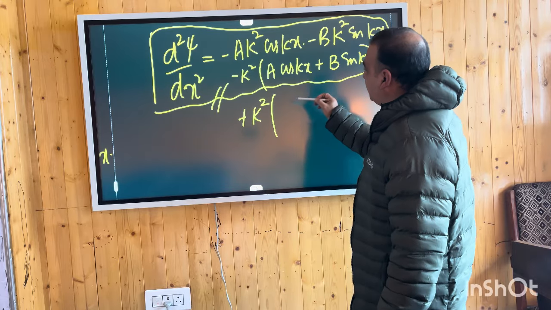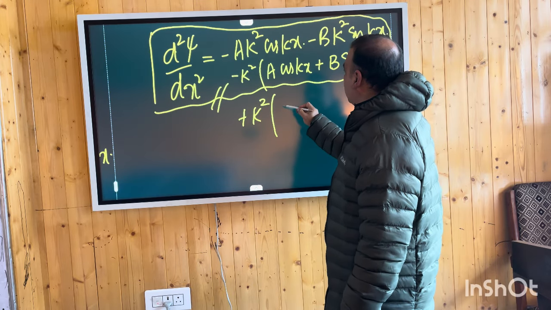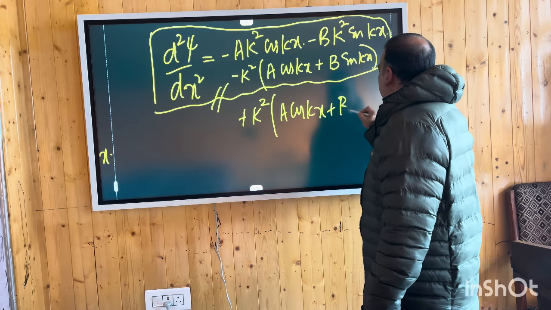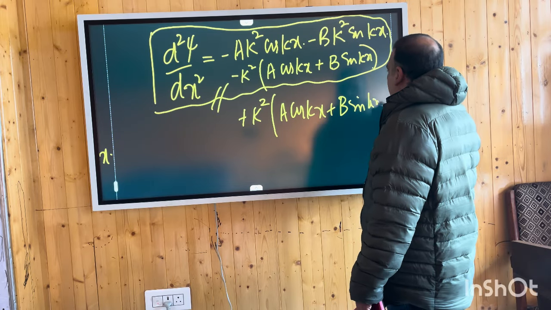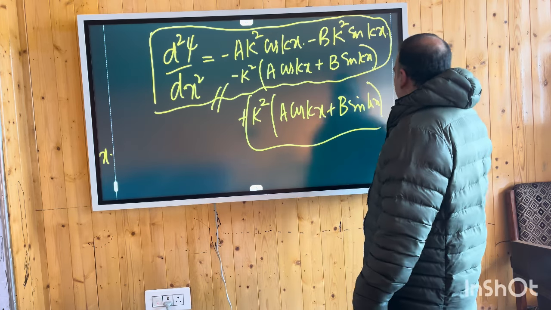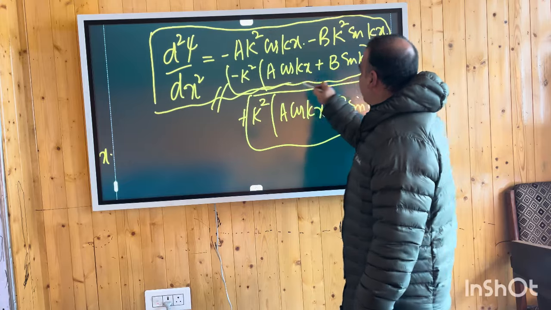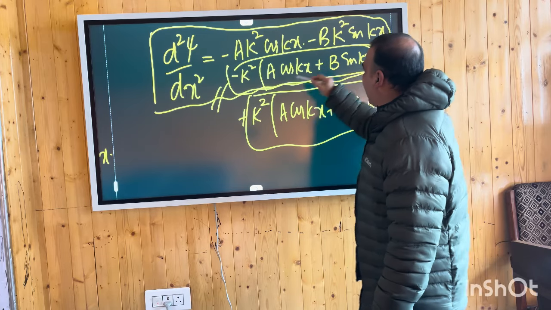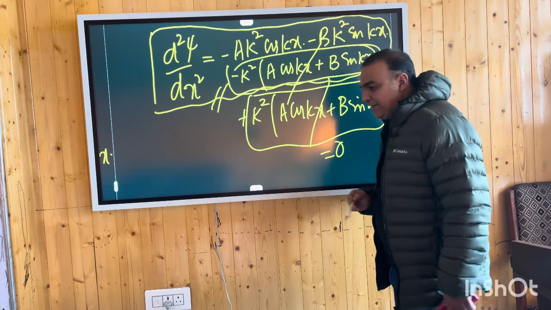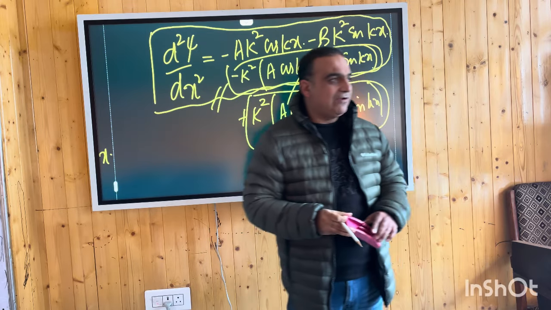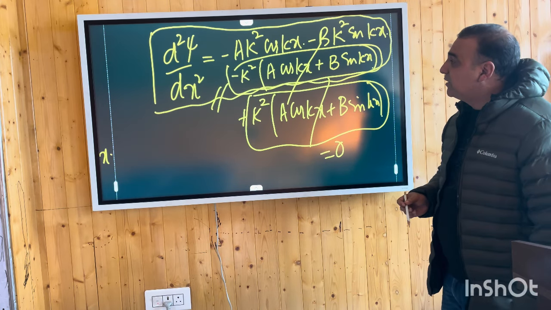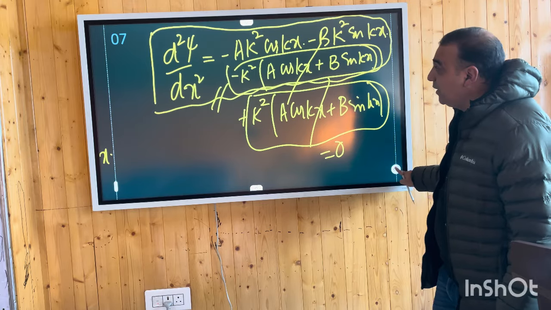So here I have plus a cos kx plus b sine kx. We can see this is the positive term and this is the negative term, and we can cancel the two and the result will be 0. That means the solution that we have chosen is a solution for this second order differential equation.